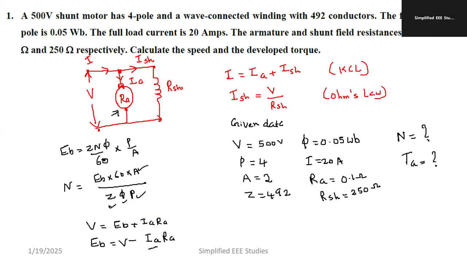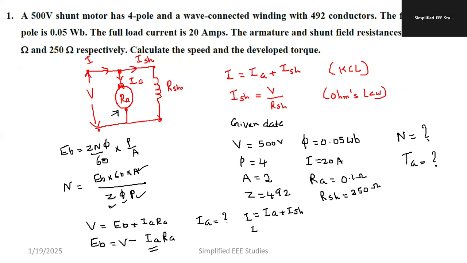But I don't know the value of IA. But I know the total current. I don't know IA and ISH, so IA has to be calculated. How to calculate IA? All are connected. We have the formula I is equal to IA plus ISH.